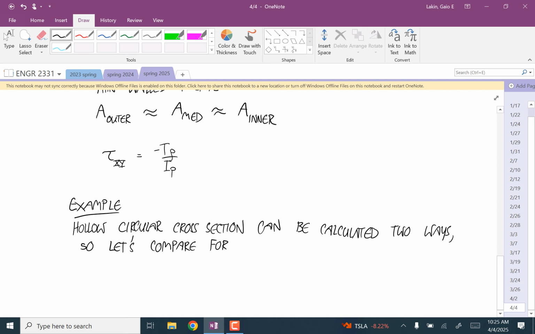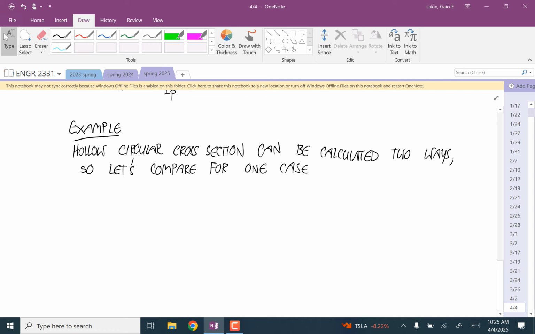Actually, what I did last time in my notes was all symbolic, and let's not do that. Let's just pick some numbers that are in the realm of what we might expect and see how close they are. So let's say we have a thing like this.